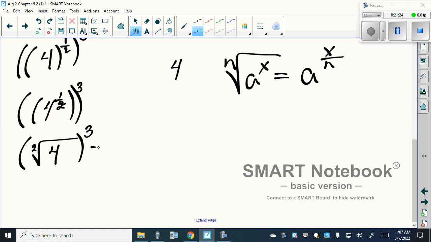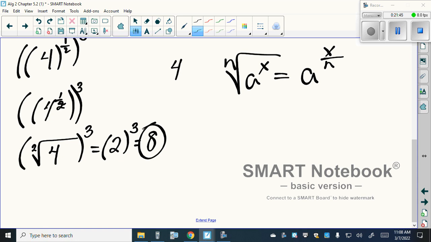Because the square root of 4 is 2. 4 to the 1/2 is 2. Well, what is 2 cubed? 8. So that would be our final answer.